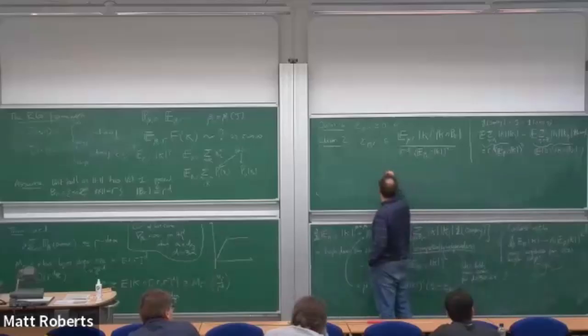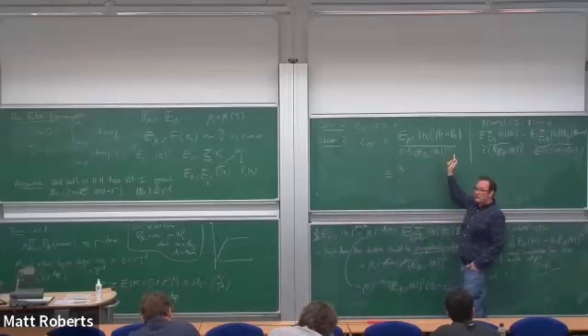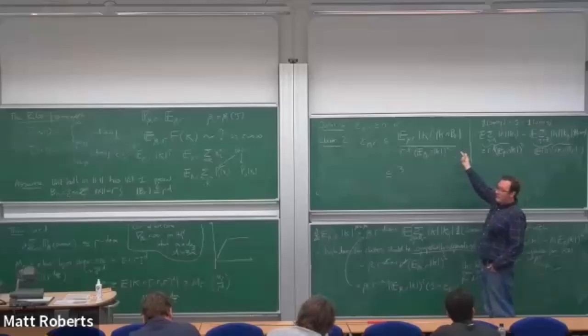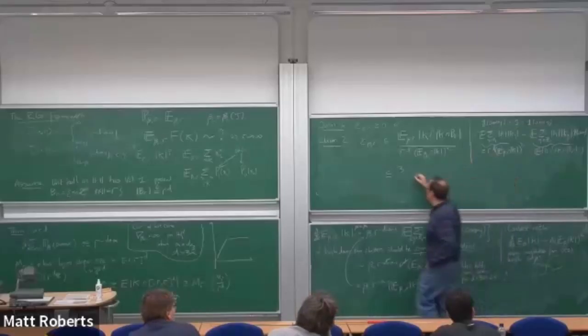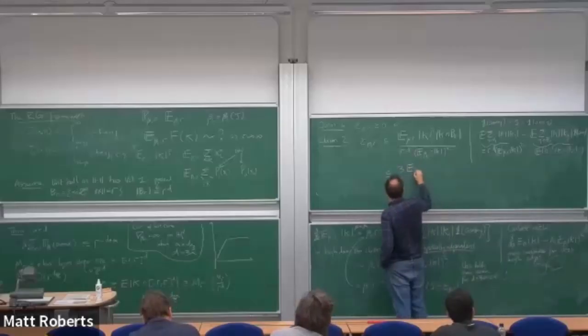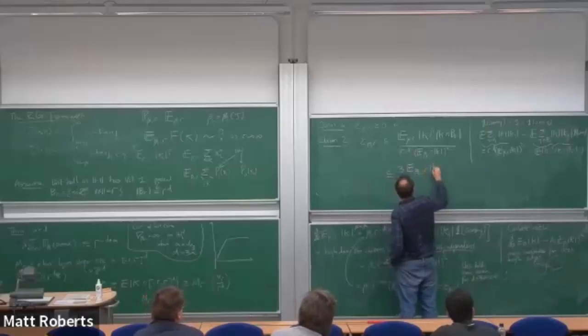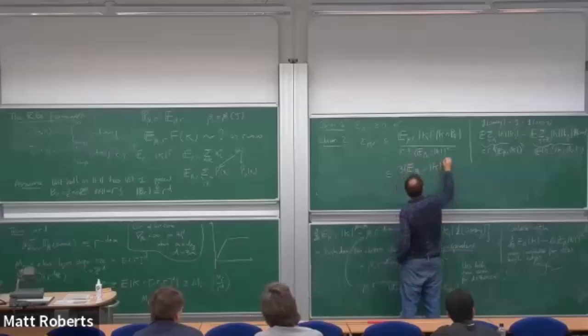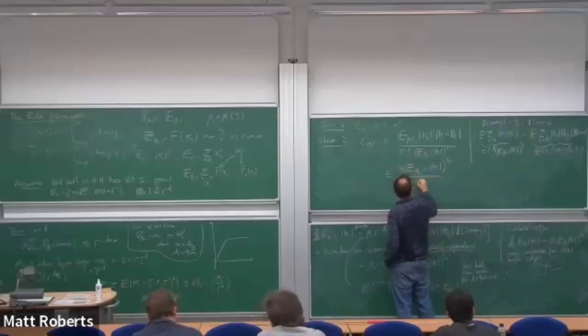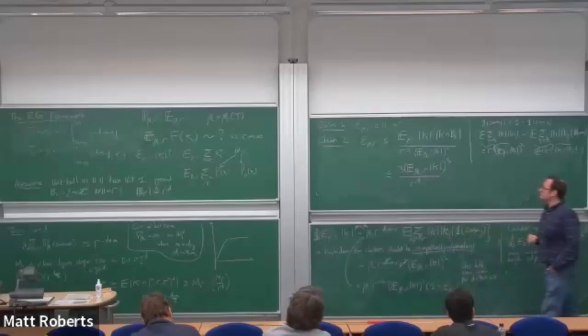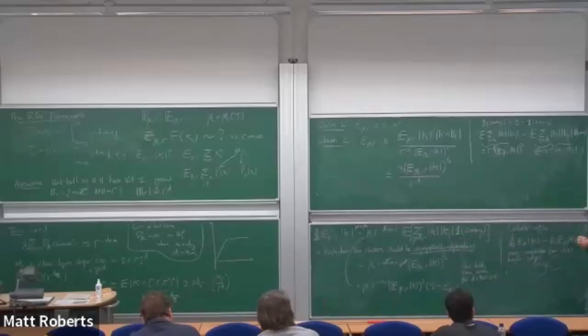Remember, the tree graph inequality said that the third moment is bounded by 3 times the 5th power of the first moment. So I'm going to get 5 powers of the first moment in the numerator, 2 in the denominator, so I'll be left with 3 in total. Okay.